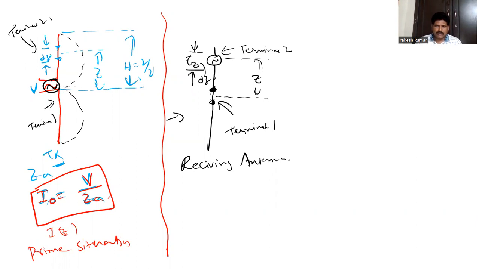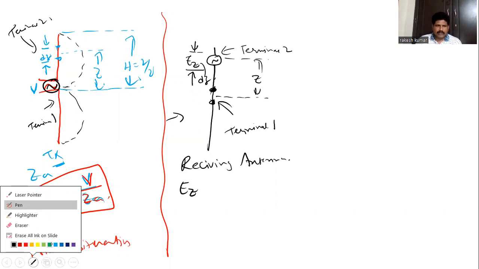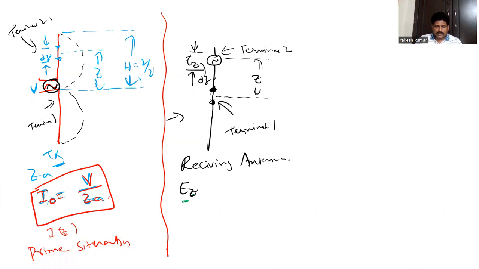Consider the electromagnetic field E(z) incident on it. This induces a voltage E(z) into dz in the element dz.